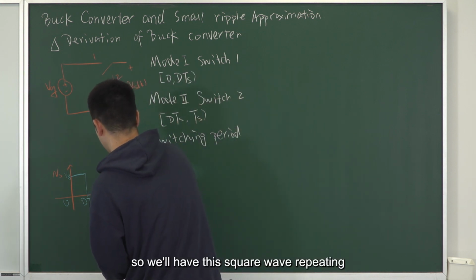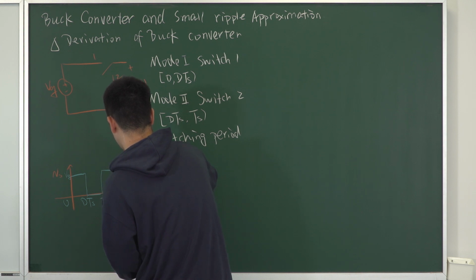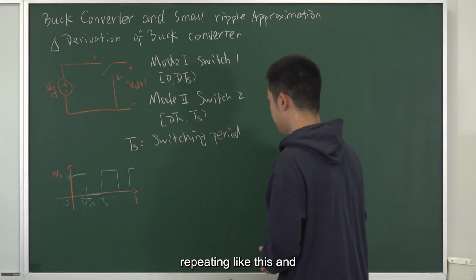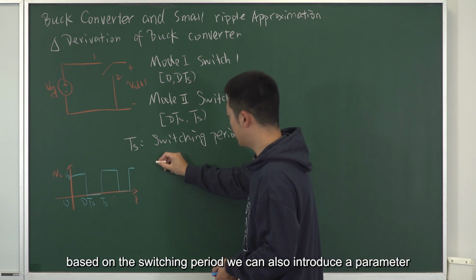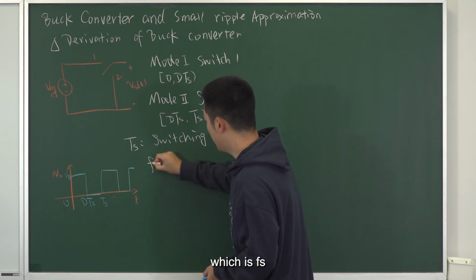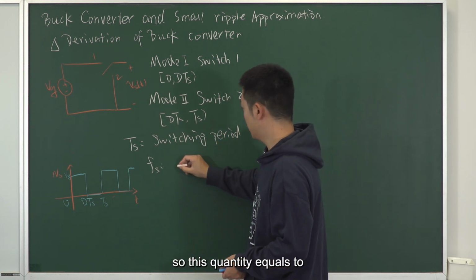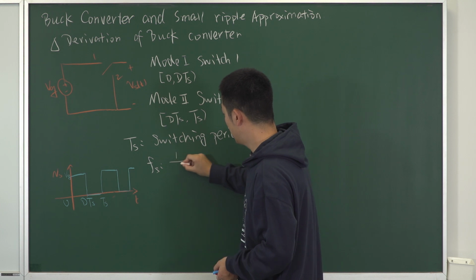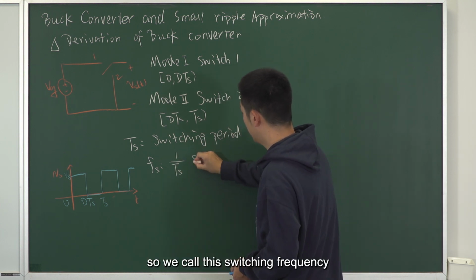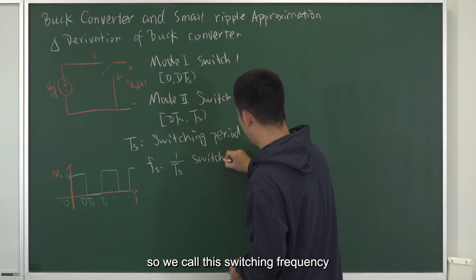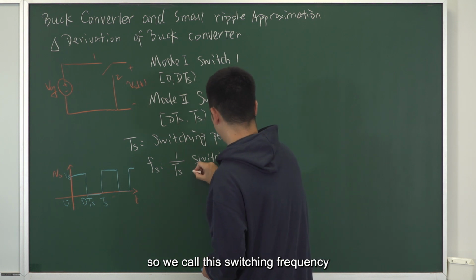So we'll have this square wave repeating like this. Based on the switching period, we can also introduce a parameter Fs, which is the switching frequency. This quantity equals 1 over Ts. So we call this the switching frequency.